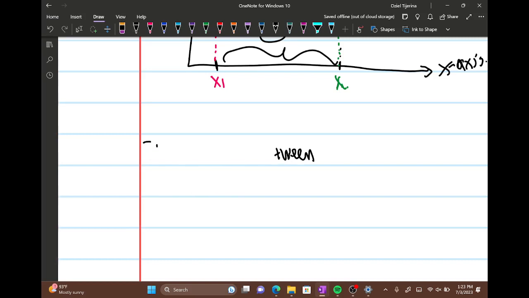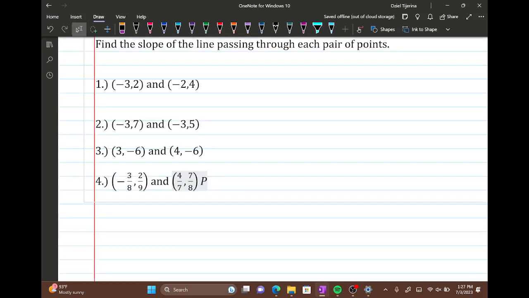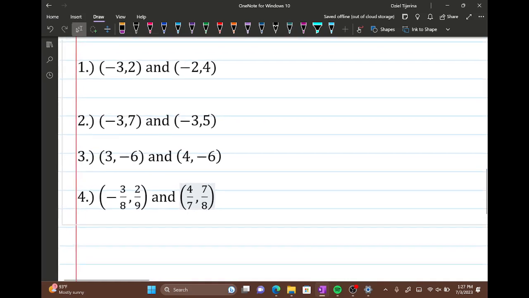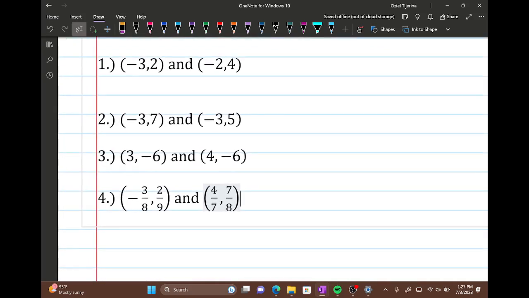Let me write this down, guys. Give me one second. Okay, guys, so I want to go over these examples. The last example is going to be a tricky one, okay? So I'm going to do that right away, since I'm pretty sure a lot of people look for challenge problems.